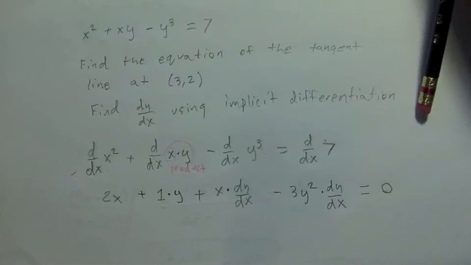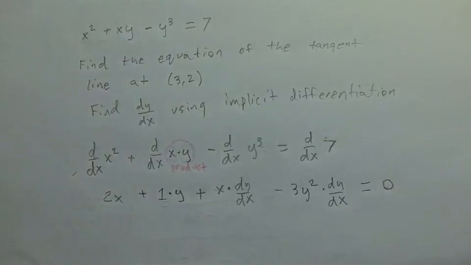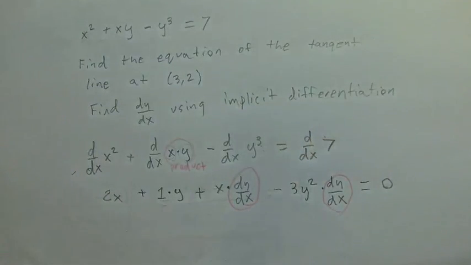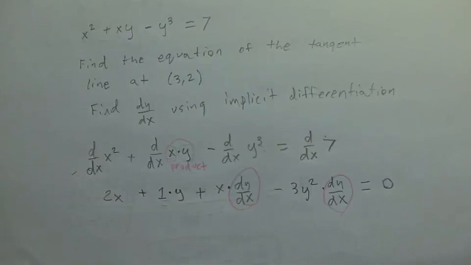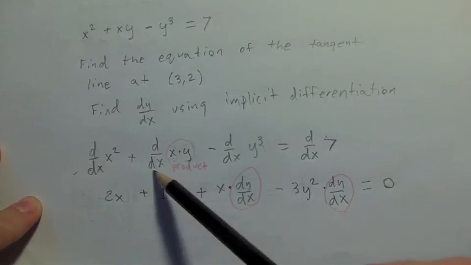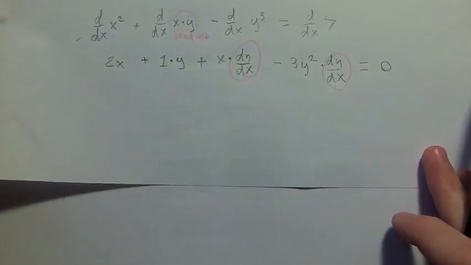Okay. Now, what do we actually want to solve for? Well, we want to solve for dy over dx. So the first thing we're going to do is get it all by itself on one side. And it already is, so what we really need to do is move these guys over to the other side. Right, so we will do that.